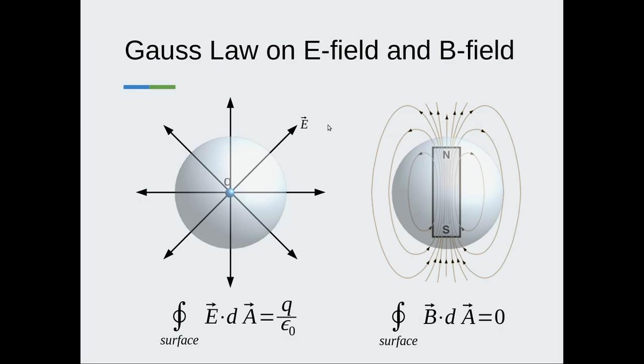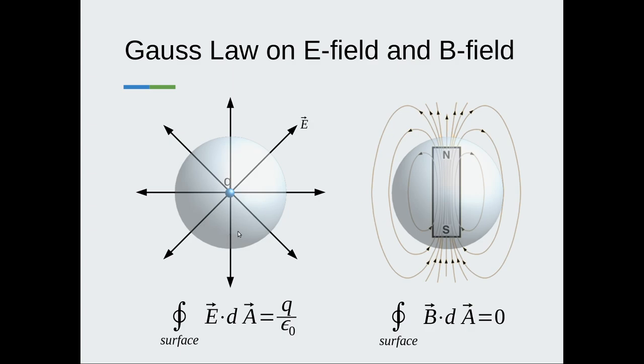So then we can compare the electric field and the magnetic field. For the electric field, you can see that the field is radiative, like this. We have a source at the center, and the force goes out in a straight line, like a radiative star.